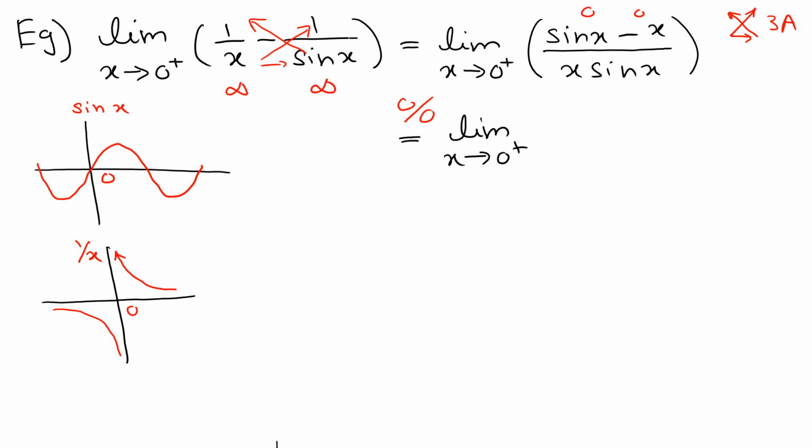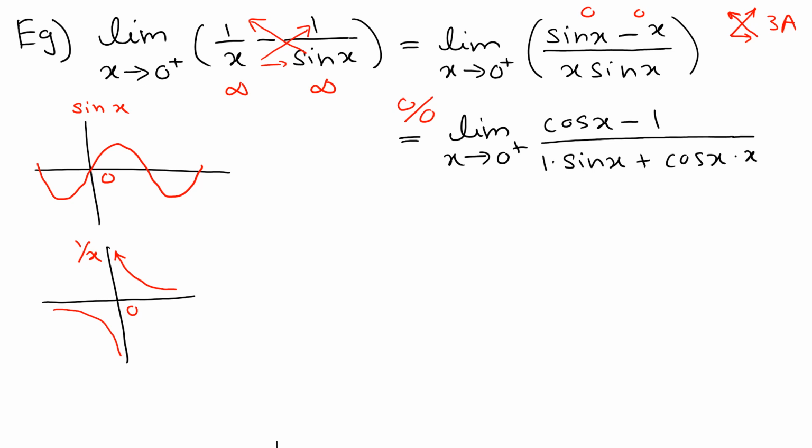Derivative of the top: sine has derivative cosine, minus 1, divided by, here we have to use the product rule. So what's the product rule? Take the derivative of the first one, multiply by the second one, plus the derivative of the second one, which is cosine x, multiplied by x.